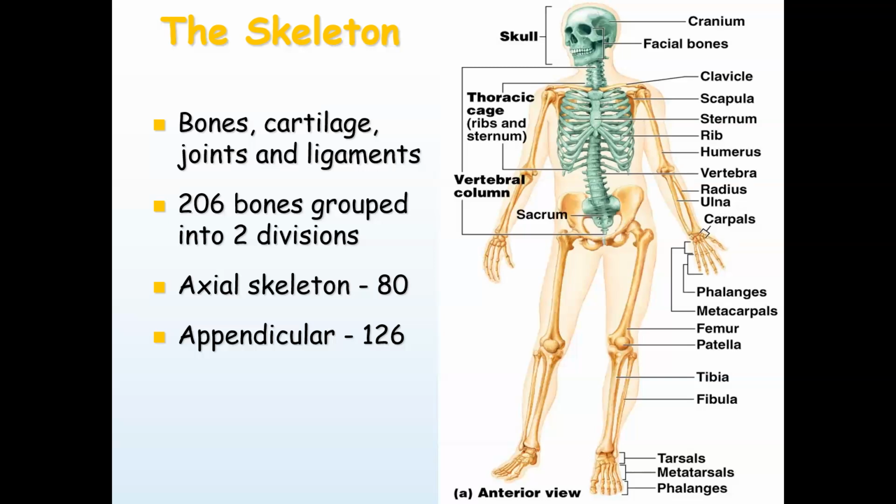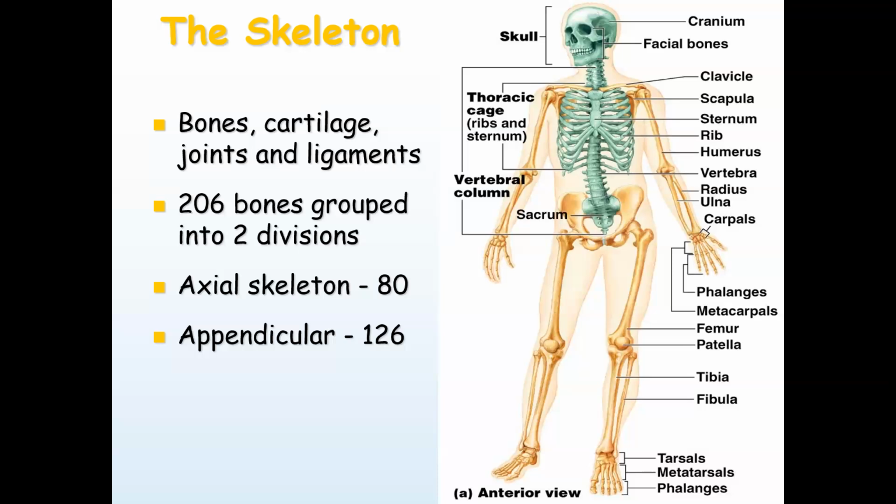We have what is called the axial skeleton, and the other one is called the appendicular skeleton. Axial, appendicular, okay? The axial skeleton, I want you to think of it as the main part of your skeleton. That's the part of the skeleton that makes up your head, your chest, well, basically your torso, right? Whereas the appendicular skeleton is looking at the bones associated with your limbs, arms, legs, and their points of attachment to your axial skeleton.